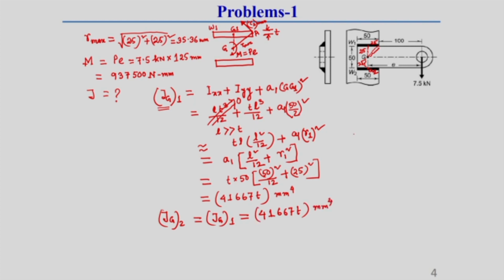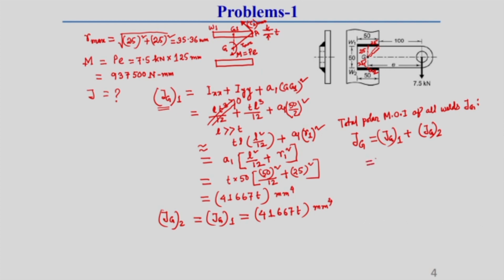So, here the total polar moment of inertia of all the welds, let it be Jg. So, this Jg will be equal to Jg of weld 1 plus Jg of weld 2, this you should keep in mind.